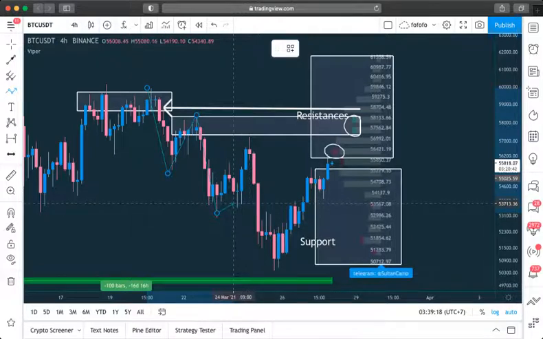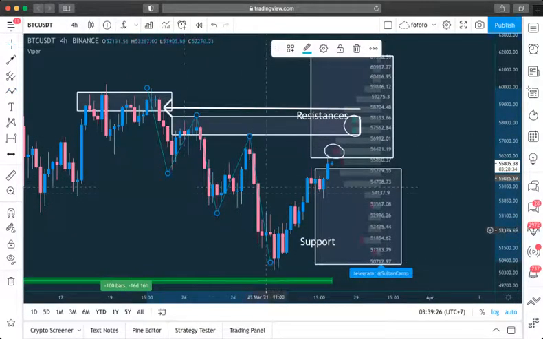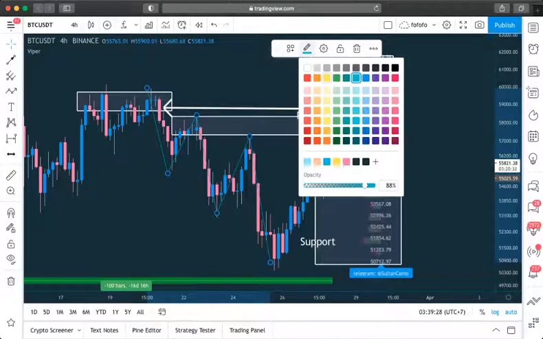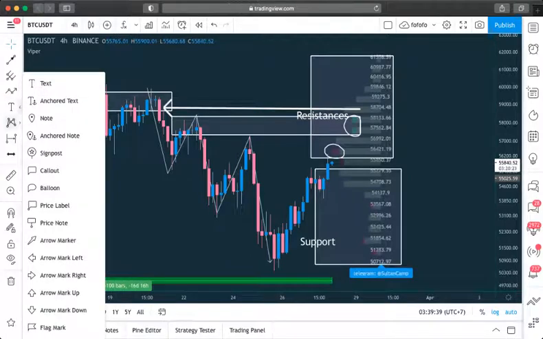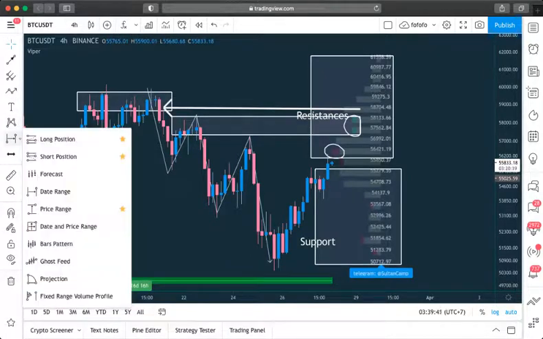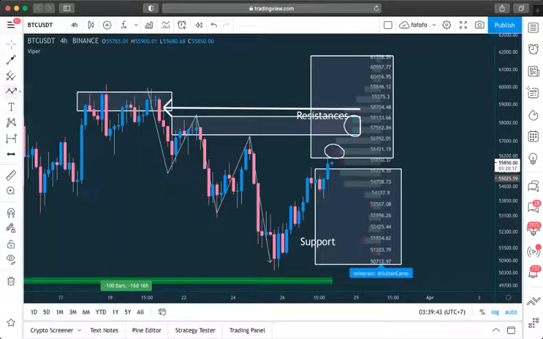Instead of continuing bullish, it dropped bearish, something like this. So we can see that the color changed, becoming red. That means in this area, the selling is bigger than the buying.